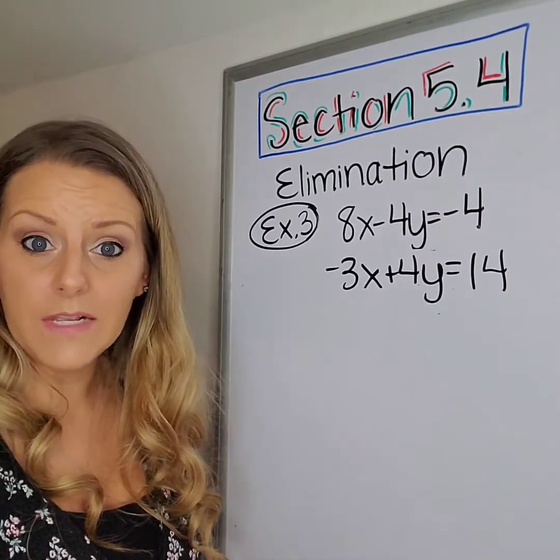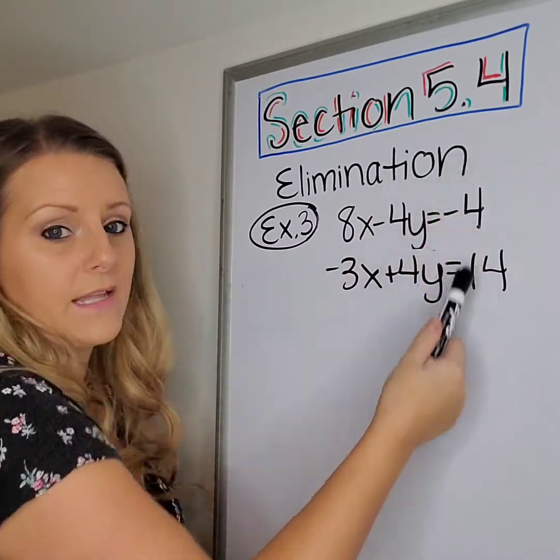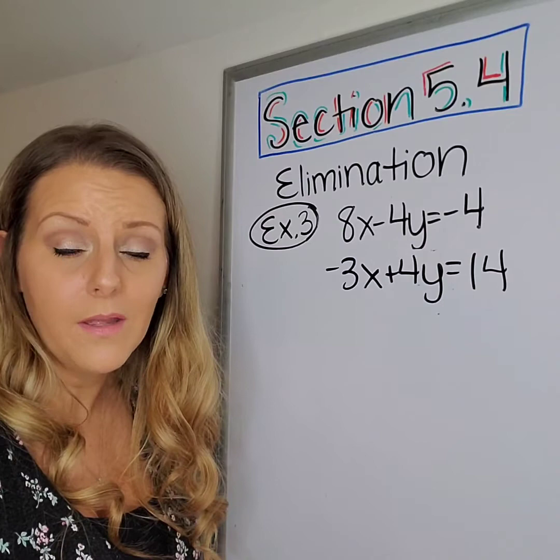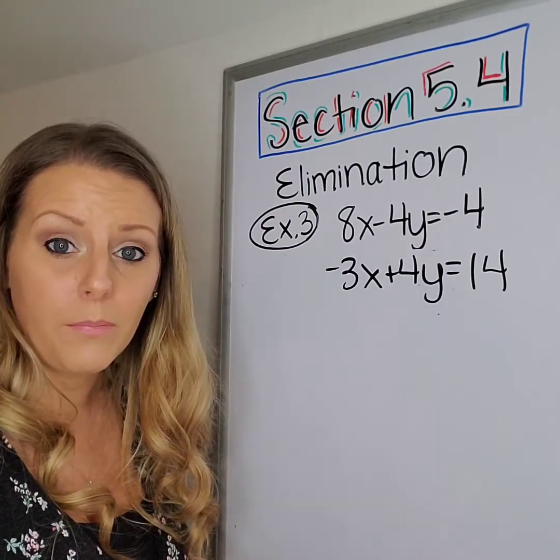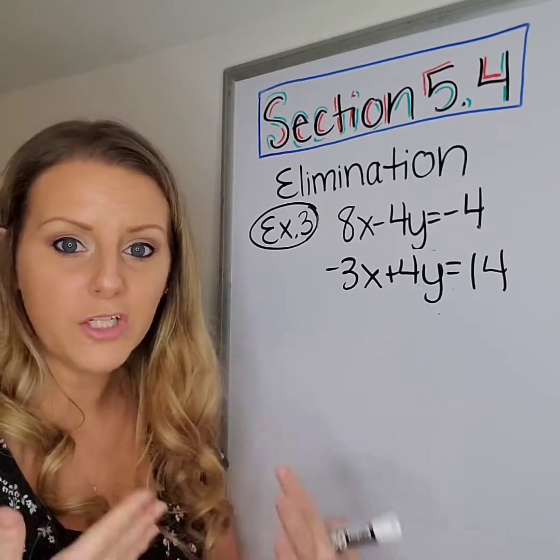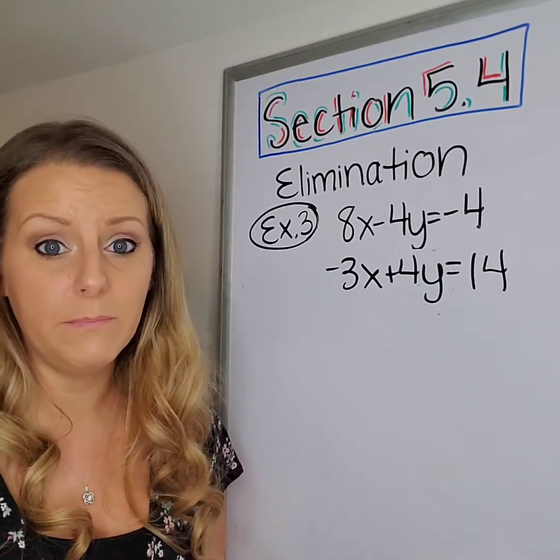Now, does everything line up? Yeah, x's line up, y's line up, equal signs line up, numbers by themselves line up. So just by moving one thing out of the way and putting it up to the front where it belonged, everything kind of magically falls into place, and now you can do a problem just like before.